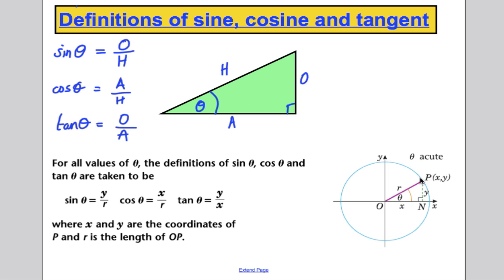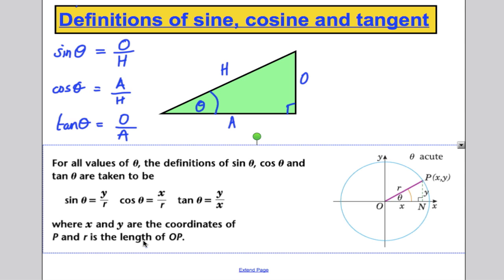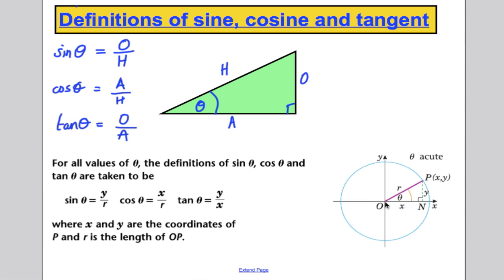This point here is going to be some point x across and y up, and sine theta in this case is opposite y over the hypotenuse r. Here's our formula. Cos theta is the adjacent x divided by r, and tan theta is the opposite y divided by the adjacent x here. So there's no difference in our definitions there.